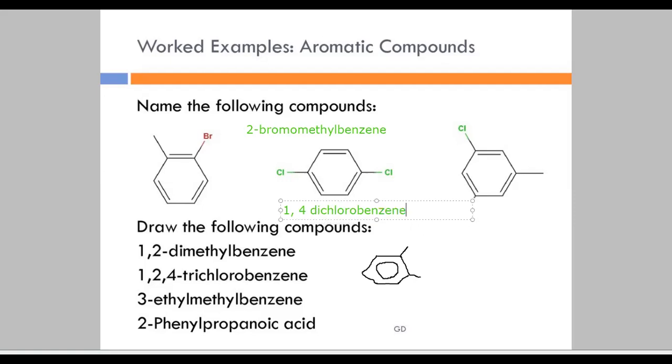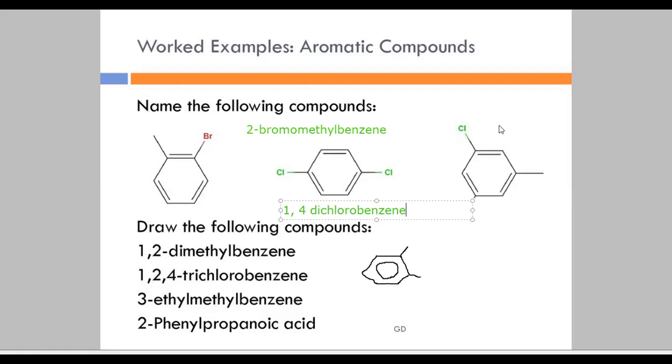Any questions on why? Well, you have 1 in carbon number 1. If this is carbon number 1, you count 2, 3, and 4. So 1,4-dichloro, because when you have the same kind of substituent, you can group it. And then you don't say 1-chloro, 4-chloro, you say 1,4-dichloro, and that's it.